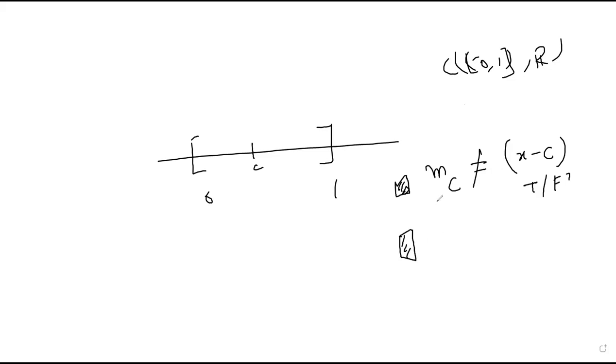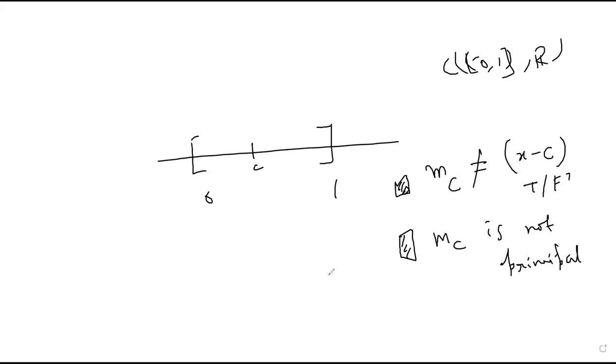This is some information on the particular nature of these maximal ideals M_c. And M_c is not even principal. This ideal is not principal; it cannot be generated by a single element.